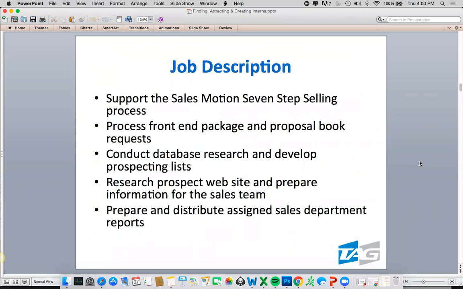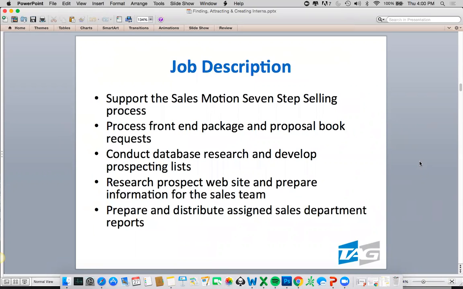So some things that you can think about as like actual specific things that can go on the job description. They can do things like support this sales motion tracking form with the 7-step selling process. They can process front-end packages and proposal book requests, conduct database research and develop prospecting lists for the sales team. They can research the prospect website and prepare information for the sales team.